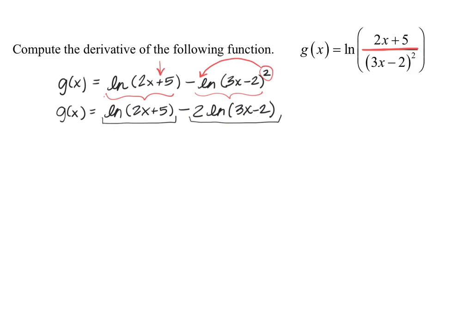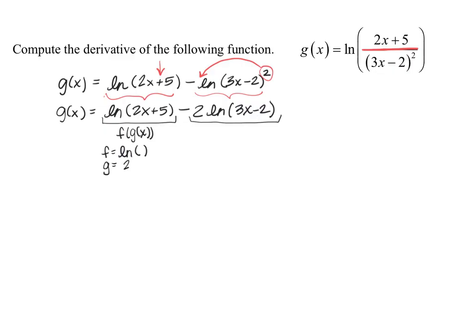So now we can go ahead and take the derivative of each of these two terms separately. And we just have to recognize that each of these terms are composite functions. So we're going to be using the chain rule. So this first logarithm, the natural log of 2x plus 5, if we think of it as a composite function, my outer function is the natural log of x, but I'm going to write that as the natural log of something.